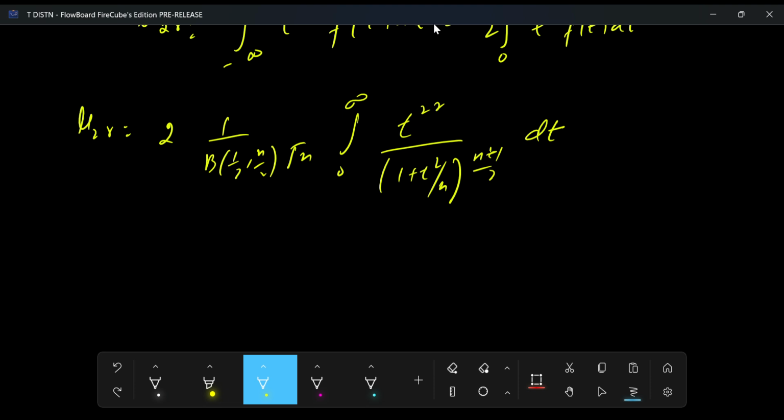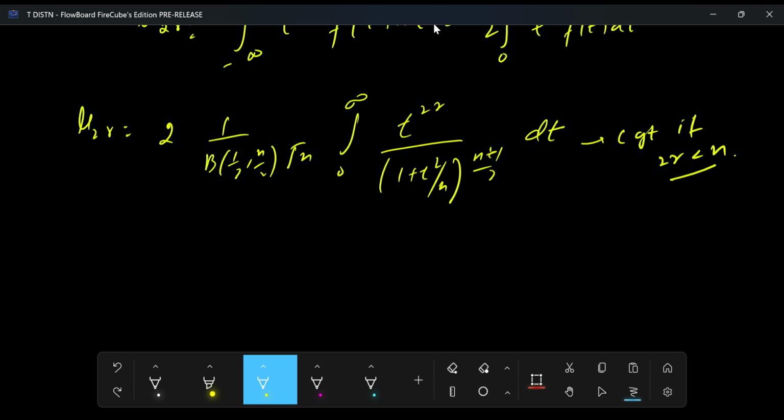When will this integral be convergent? If I say some sequence or some integral is convergent, that's simply the existence of the integral. So this will be convergent if 2r is less than n.